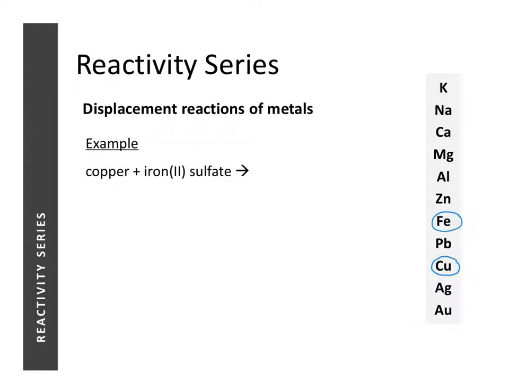So when we put copper into iron 2 sulfate salt solution, copper, being a less reactive metal, will not be able to displace iron. So for this particular example, there will be no reaction. There will be no visible change.